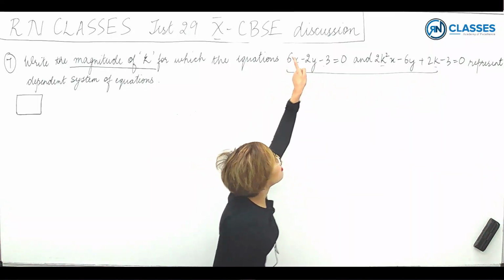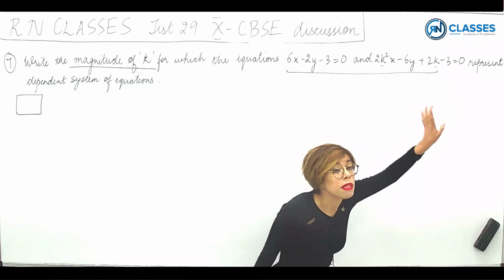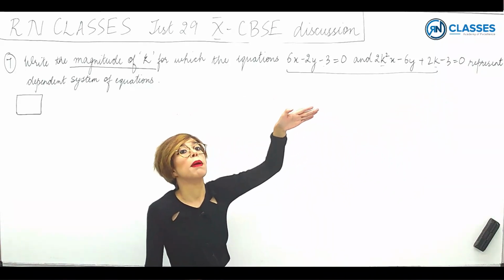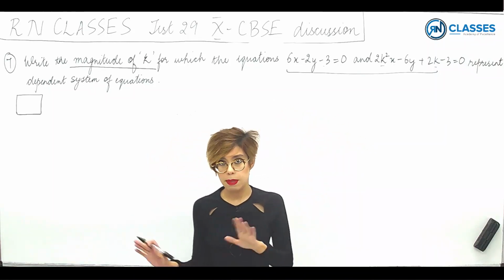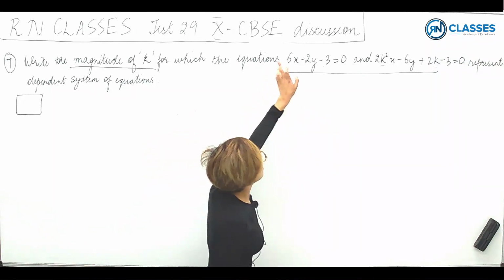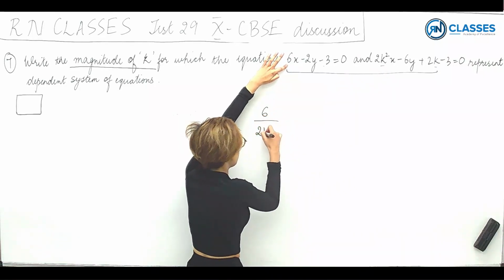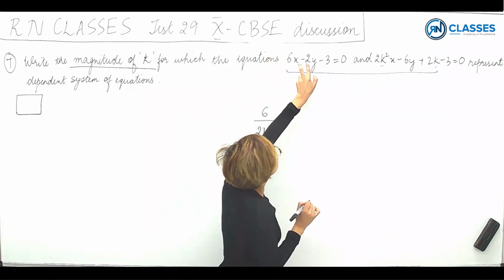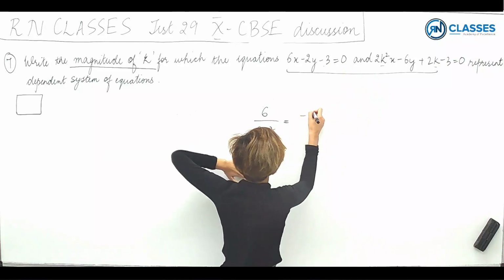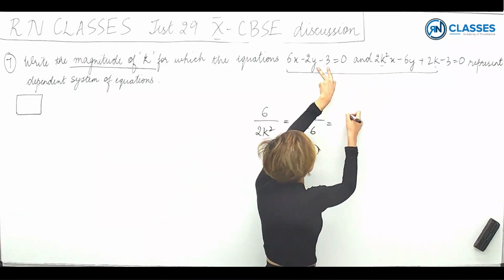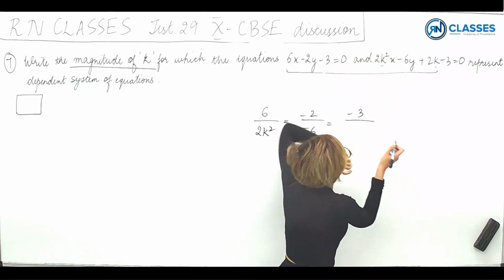One equation is dependent on the other. That means the condition is a1 by a2 should be equal to b1 by b2 should be equal to c1 by c2. So a1 by a2 is 6 by 2k square, which should be equal to b1 by b2, minus 2 by minus 6, which should be equal to c1 by c2. So that is minus 3 whole divided by 2k minus 3.